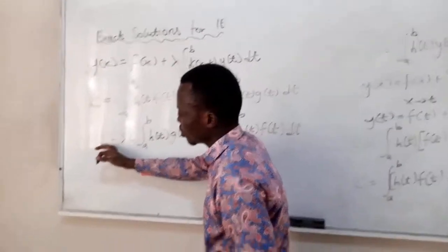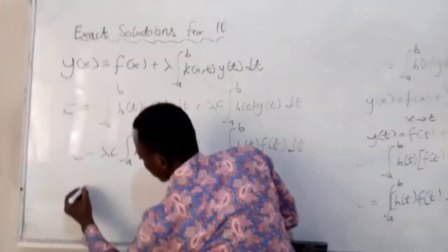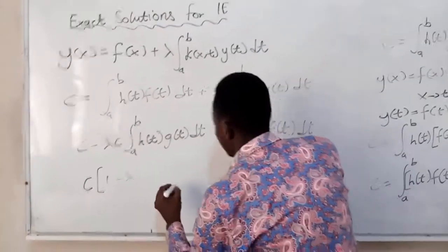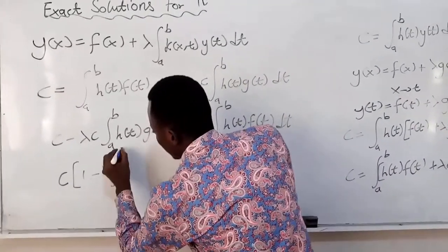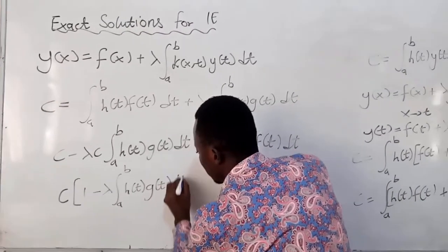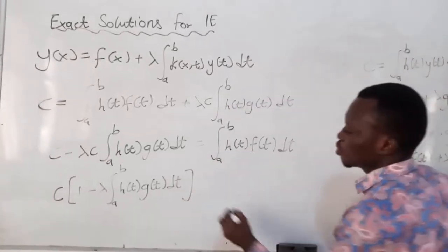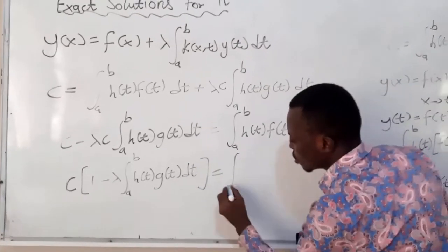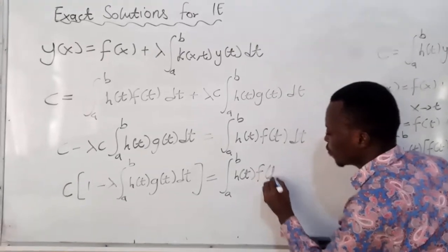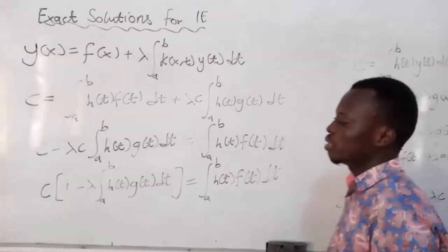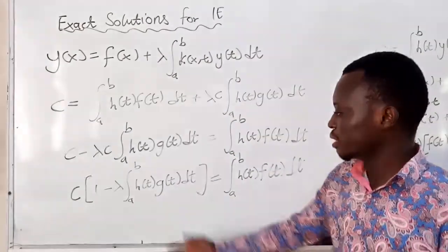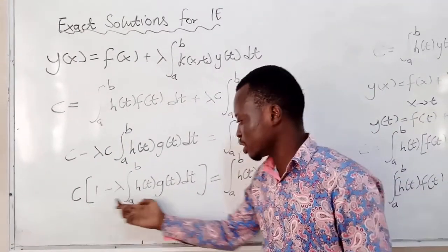Now you can factorize c out. So our c times bracket 1 minus lambda integral from a to b h of t g of t dt is equal to integral from a to b h of t f of t dt. We have to make this c the subject of the equation. Now let's divide both sides by this expression.